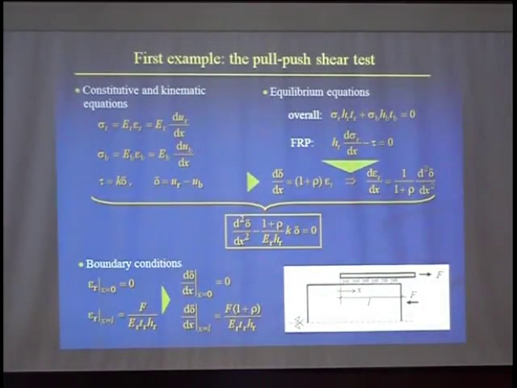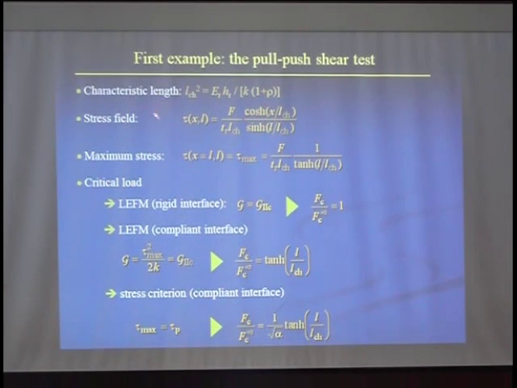On the other hand, if the interface is deformable, we get a second order differential equation in the relative displacement, which with proper boundary conditions leads to this solution for the stress field, where the parameter L_CH appears, which is a characteristic length, a function of the material and geometrical properties of the materials and structure.